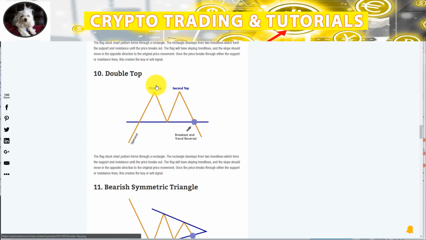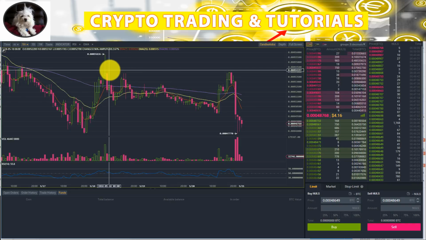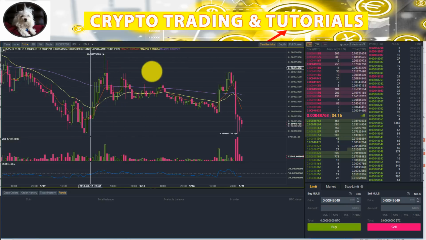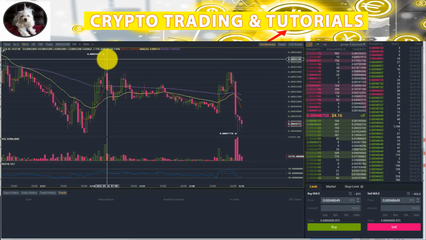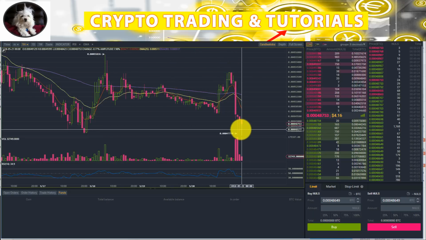So there's the uptrend, first top, retest, second top, retest. If we go back here, first top, you could say this would be the second top, but we're looking at a larger time frame. So first top, second top, and then is there going to be a trend reversal?